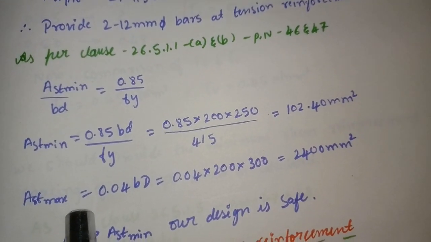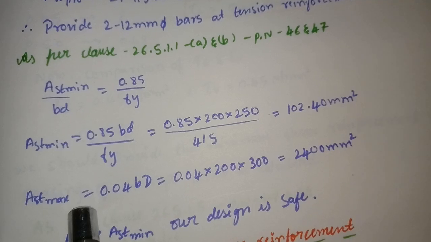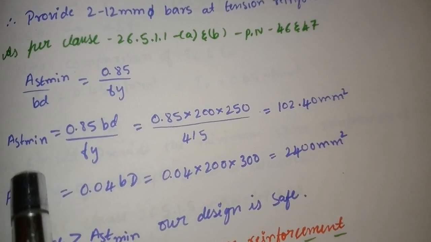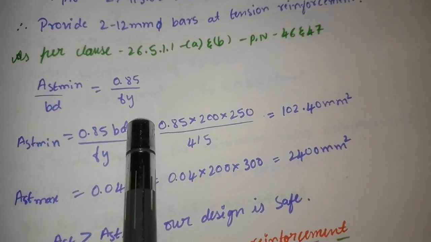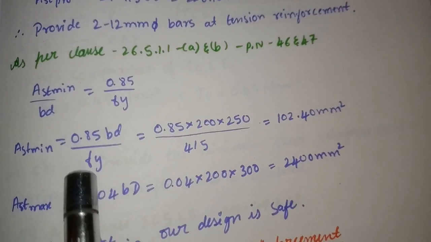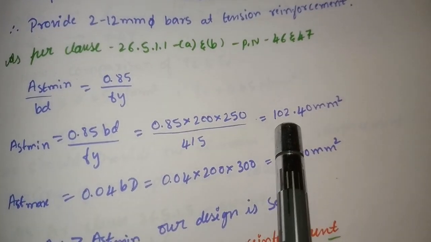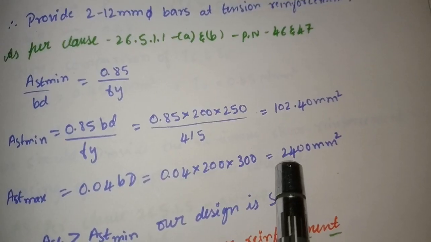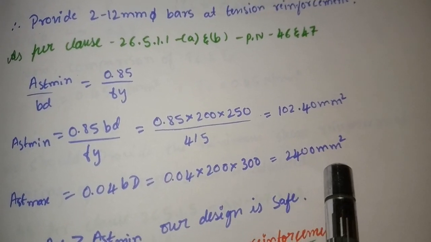So what they have mentioned: our AST value, which we have provided, should not be less than 102.40 and should not be greater than 2400 mm square.